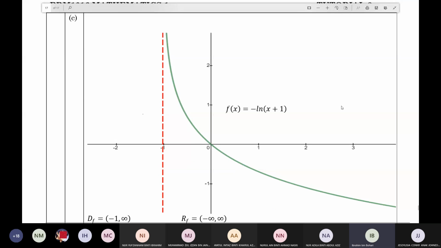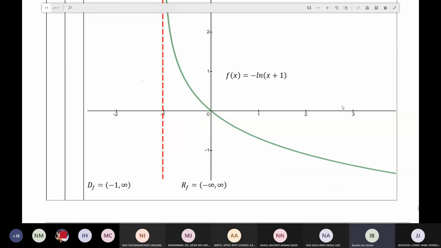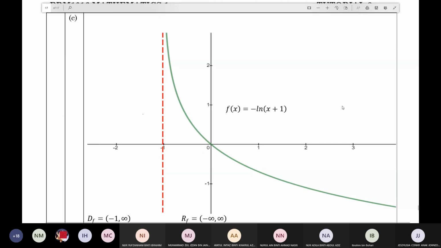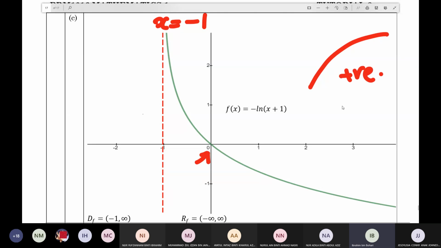Question C pun sama, check. Question C, vertical asymptote, negative 1. And then intercept here at the origin. And the shape of the negative ln, you all terbalikkan. This one saya tunjukkan. This one positive. Okay. So negative, you reflect on the y-axis.